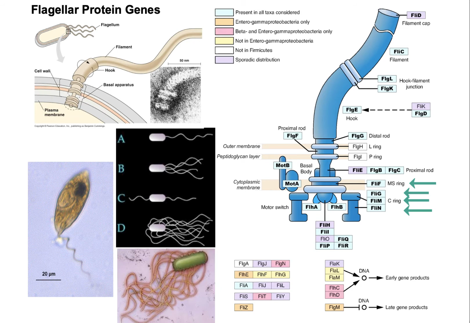They were actually part of a secretion system. And then as you work out further and further to the FlgH, FlgI rings and outer membrane, those appeared later in evolution and functioned in a slightly different way. And finally you get to the hook genes and proteins, and to the filament and filament cap, which appeared later in evolution.